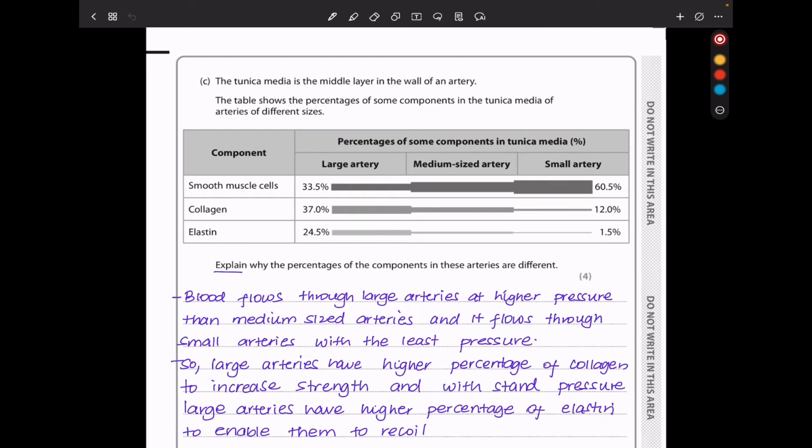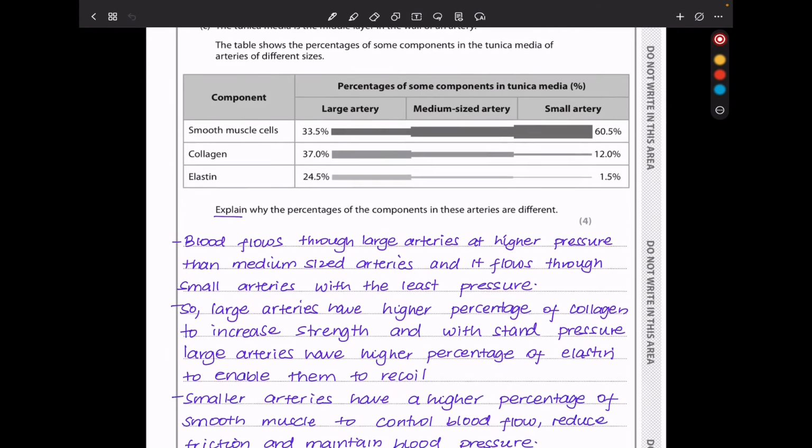And then elastin is going to be present in larger arteries at a higher concentration in comparison to all the other arteries. This is because as the pressure increases, the blood vessels are going to expand a little bit, so they need to have that recoil to return to their original size when the pressure decreases. So elastin is in higher concentration.